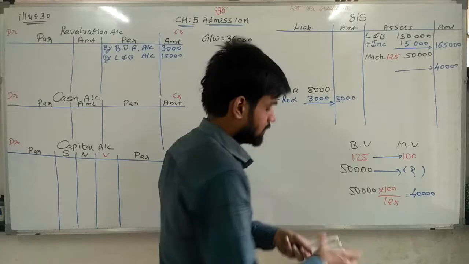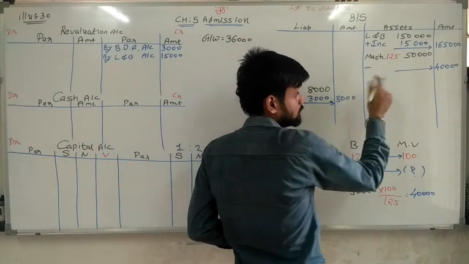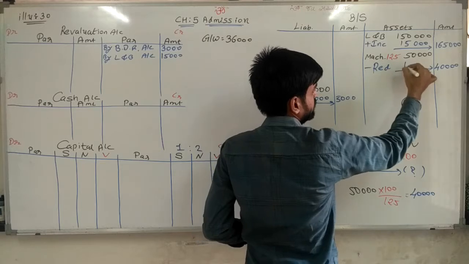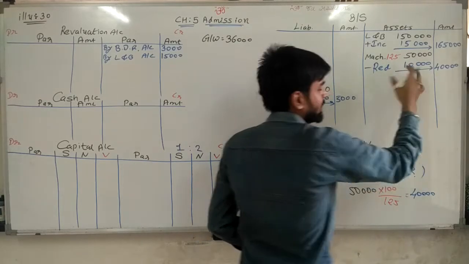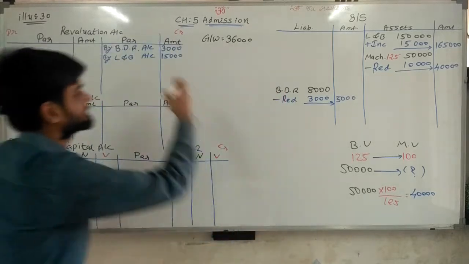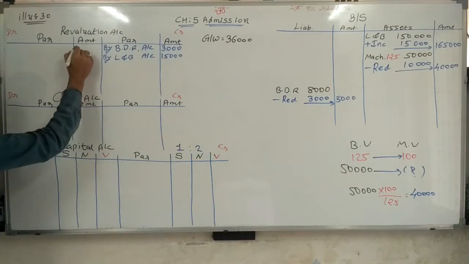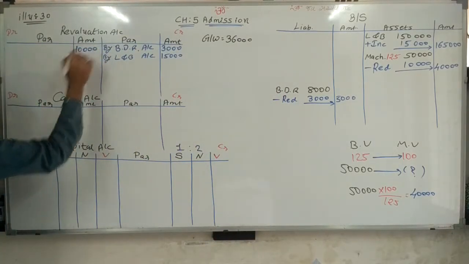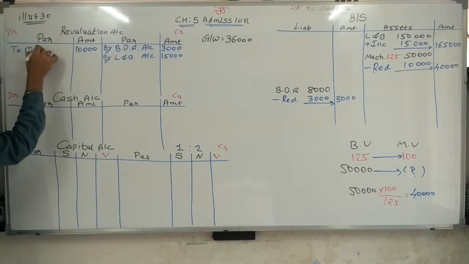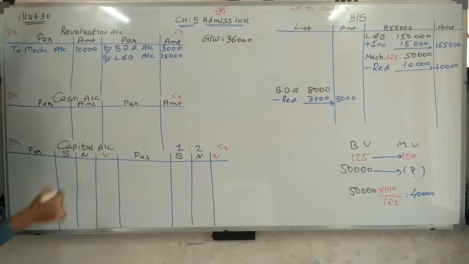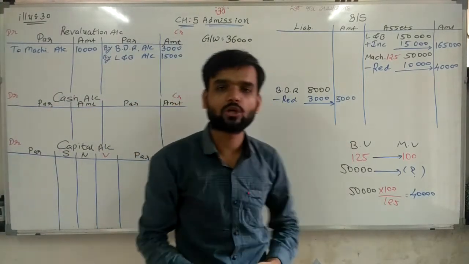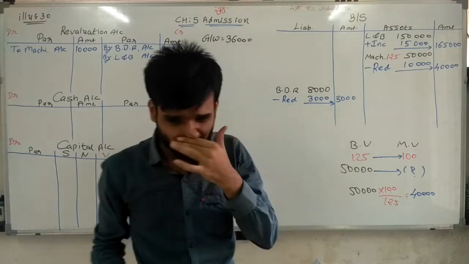Simple. So minus because it reduced. Now happy or sad? It's simply sad. Asset value decrease means sad. Sad means negative, to machinery account. So this calculation is very important. Going ahead.